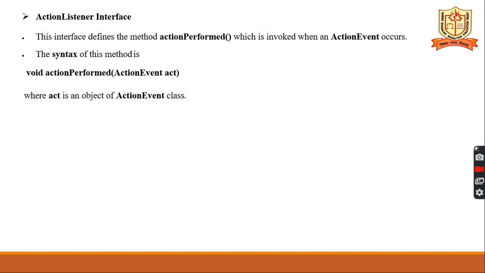The syntax is void actionPerformed, with ActionEvent ae as a parameter. So the method here is actionPerformed. You must implement this method when you are using the action listener interface. We'll see it in the example.